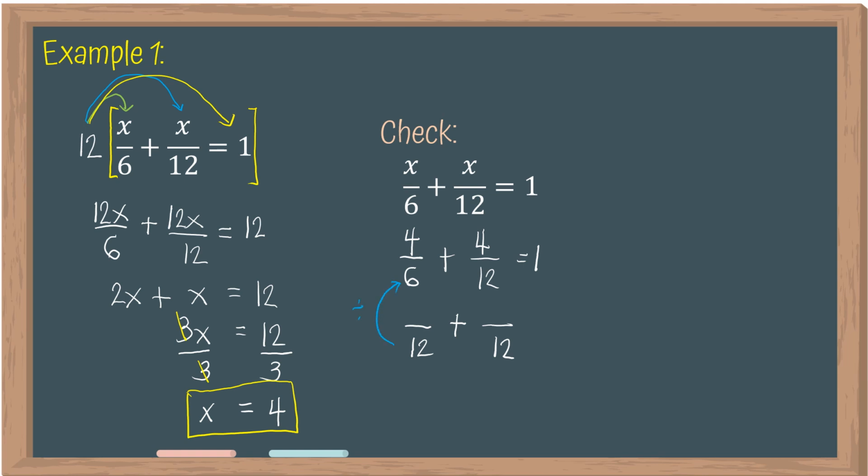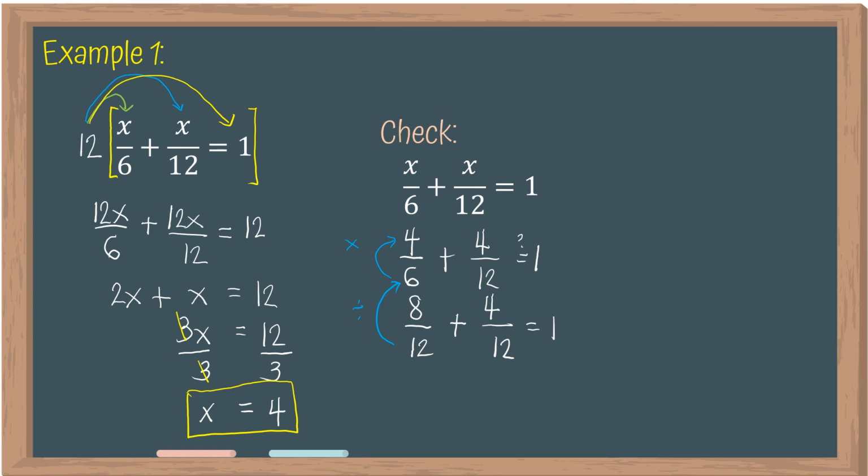And then, kung ano yung obtained value natin, i-multiply natin sa ating numerator. So, that will be 12 divided by 6, that is 2, times 4, and that will give us 8. So, same with this, 4 over 12, that will be 12 divided by 12, that is 1, times 4, that will give us 4, is equal to 1.